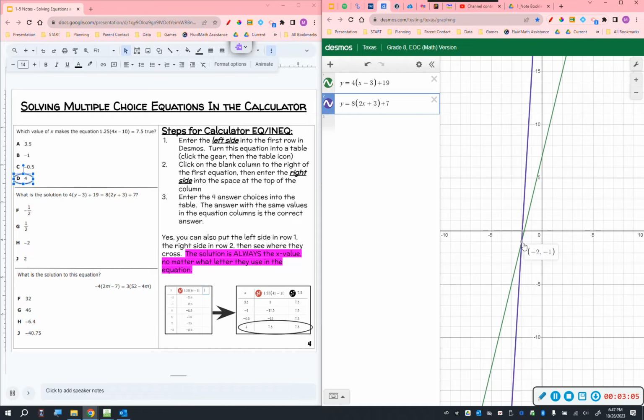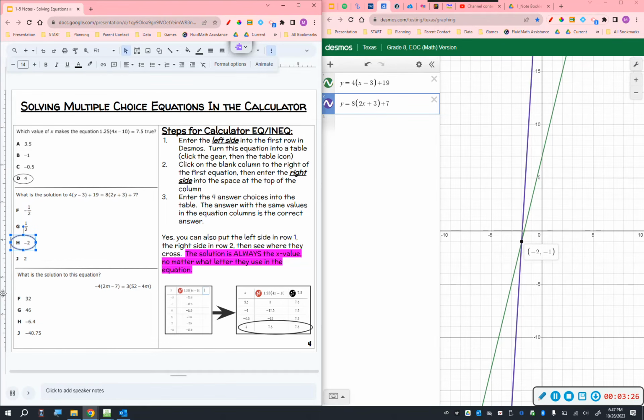Okay, and I look for where they cross. I see they cross at -2, -1. I want the x value from -2, -1, which is -2, and so this is the answer I'm going to pick.